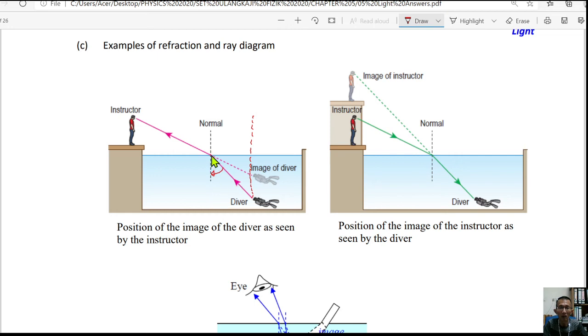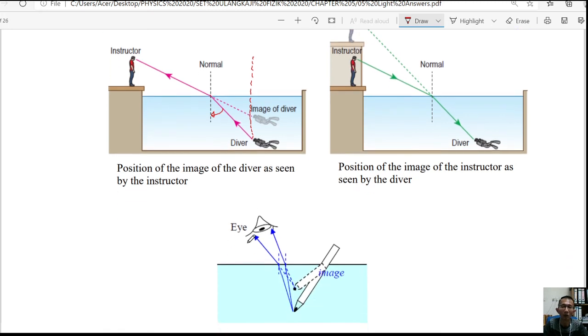From this line I will go straight, I will draw straight to the diver here, and lastly I will draw this line just to show how the light propagates or travels. All right, follow. That's what the instructor sees, and this is what the diver sees of the instructor. The diver will see the image of the instructor up here, right?